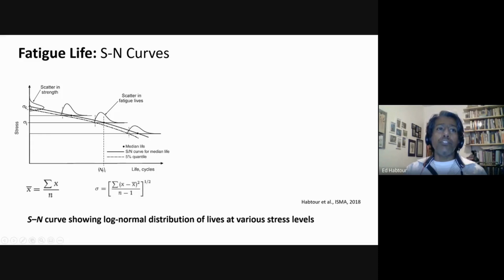So think of each stress point that you see on the SN curve as the mean of a probability distribution. For each point that you see here, it has its own probability distribution curve associated with it. And that makes it even more challenging.